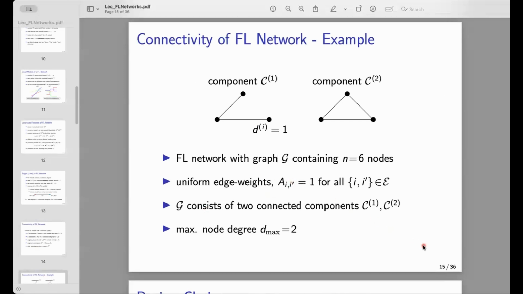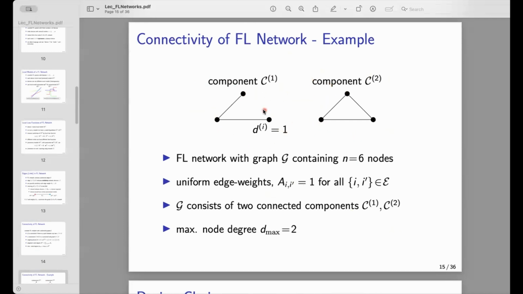So here I show an example of a federated learning network that consists of two distinct components. This whole federated learning network here consists of n equal to 6 nodes, and the 6 nodes form two components. We have one component C1 and a second component C2, and there is no connection between those two components.